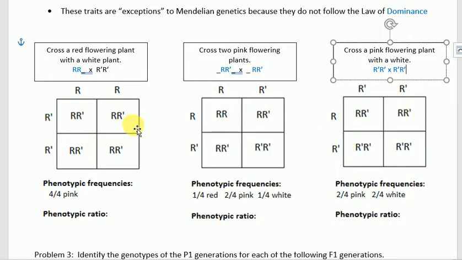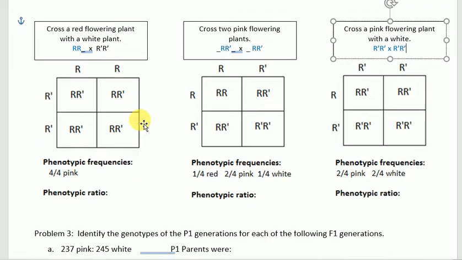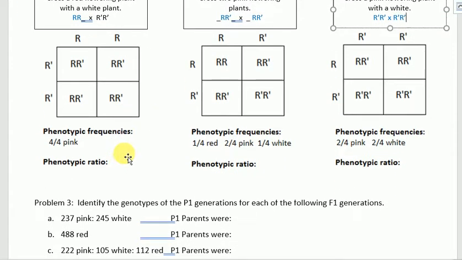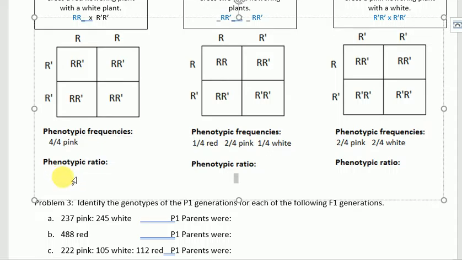So if we look at our phenotypic frequencies and ratios, we will see that this first, crossing a red with a white, we're going to end up with all pink. That's going to be our intermediates, codominance. So our ratio would be for pink.